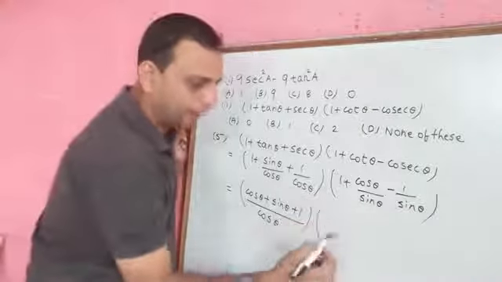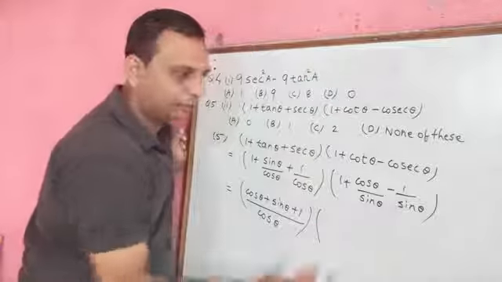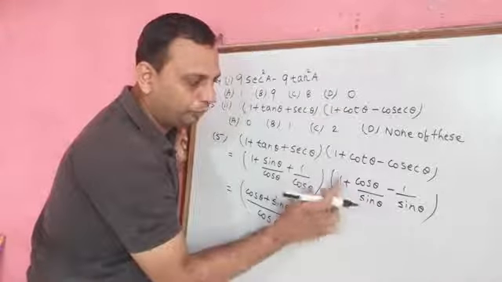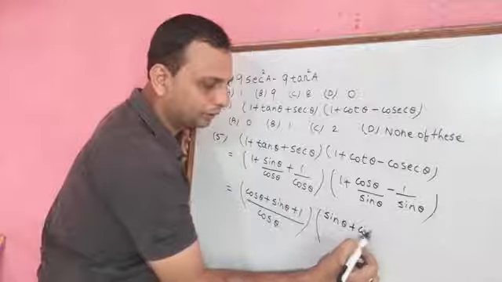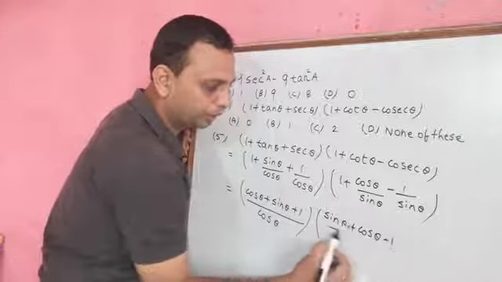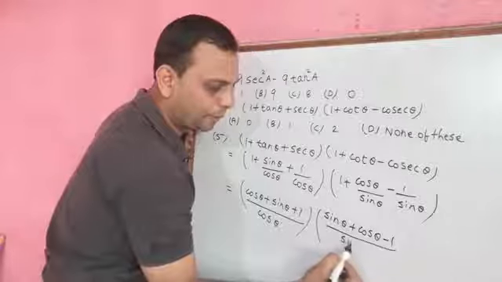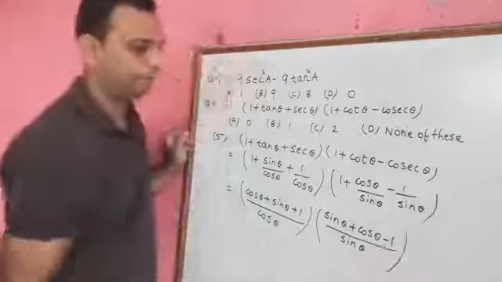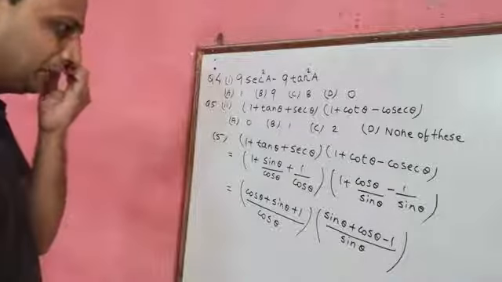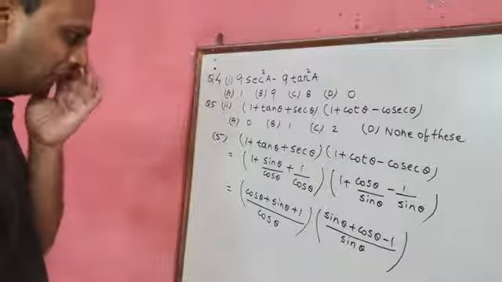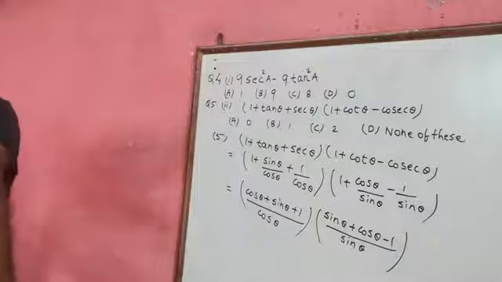Again, here sin theta is the denominator, so sin theta is the LCM. Sin theta will be multiplied with the 1. Sin theta plus cos theta minus 1 upon sin theta. So I got cos theta plus sin theta plus 1, and sin theta plus cos theta minus 1.